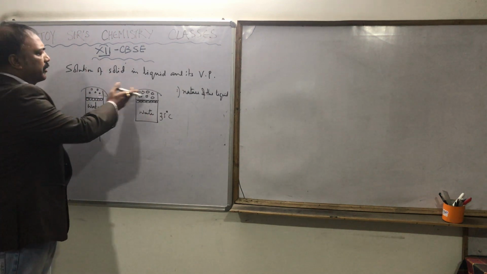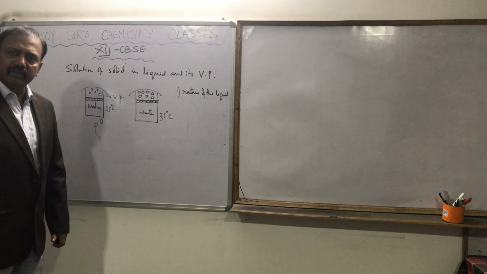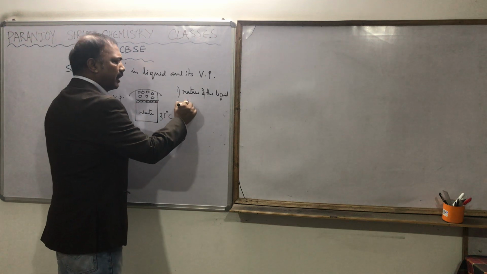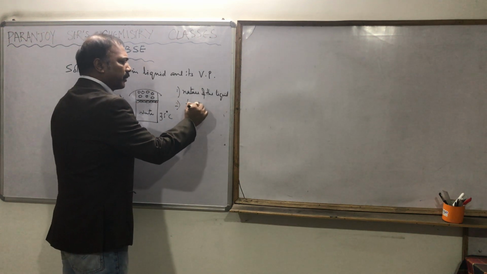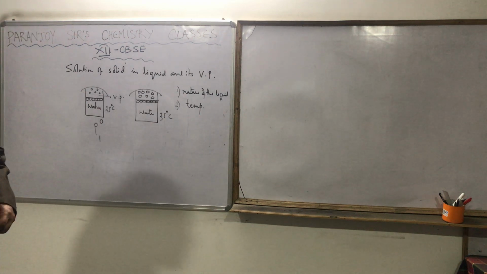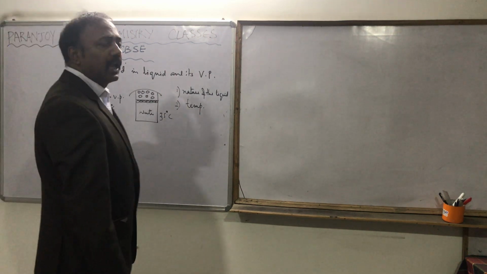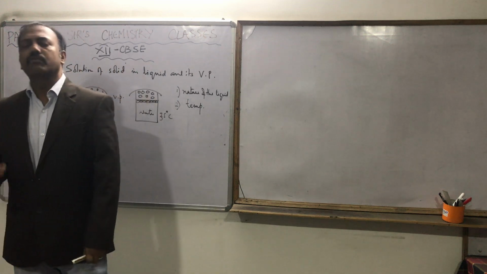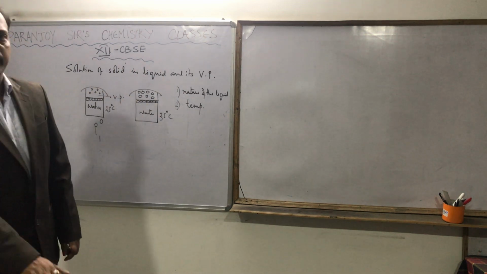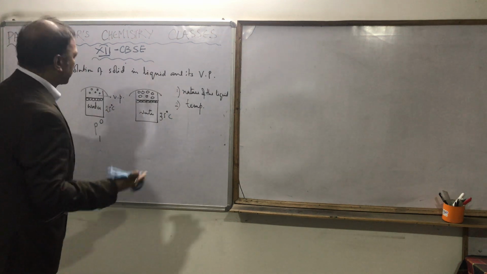With the increase in temperature, the vapor pressure of the liquid will also increase. So that's the second factor on which the vapor pressure depends, and that is temperature. That means the vapor pressure depends on the nature of the liquid, or what liquid we are talking of, and it also depends on the temperature. The more the temperature, the more the vapor pressure. Is it clear? Okay, fine.